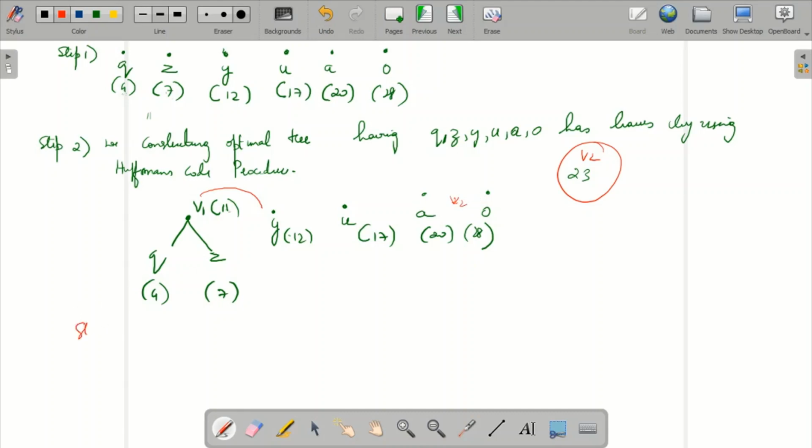So step 3 would be U and A will be appearing first. Let us combine these two and we'll put O here. That is V2.